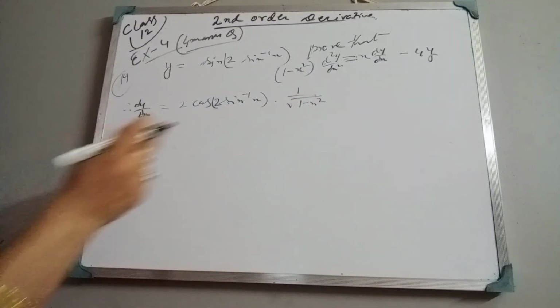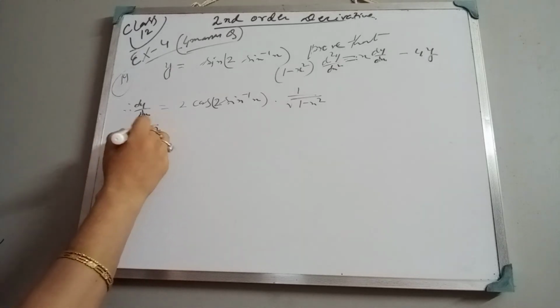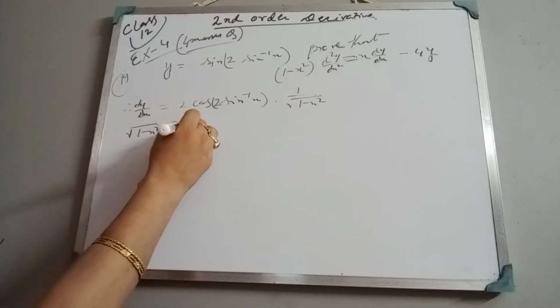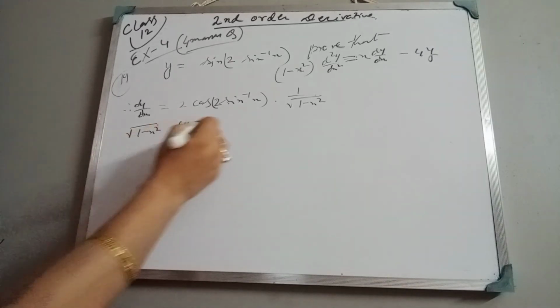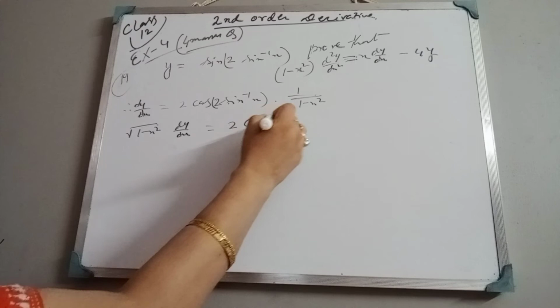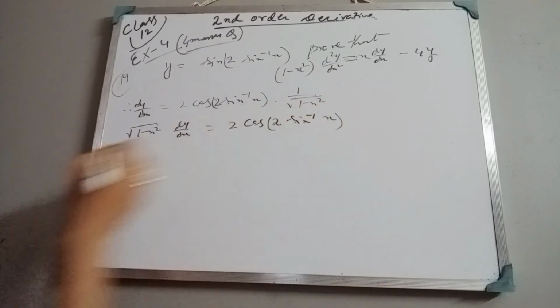Now just do the cross multiplication. Then we will get square root of 1 minus x square dy/dx is equal to 2 cos 2 sine inverse x.